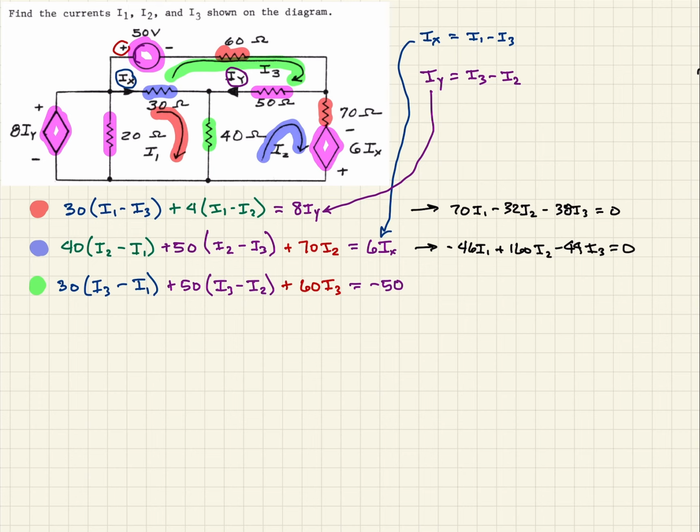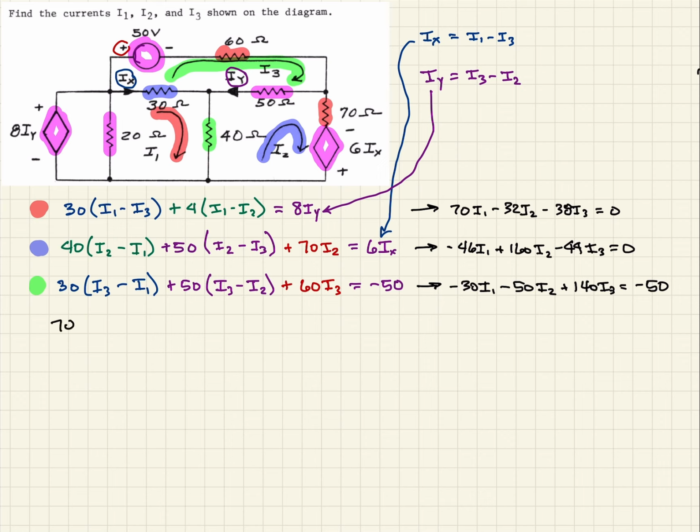And then finally for our I3 loop, this one should reduce down to minus 30 I1 minus 50 I2 plus 140 I3, and that should equal negative 50. So now we have our three equations and our three unknowns. We can write this in matrix form if you like.